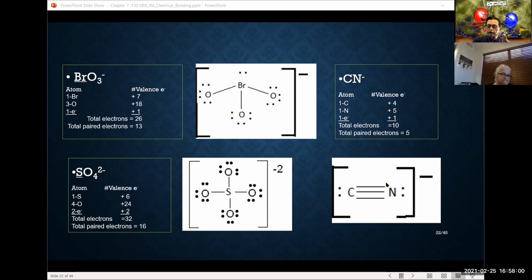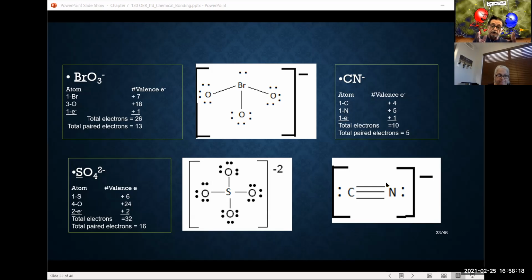Now, nitrogen is in group 5. When it picks up 3 electrons, it becomes nitride with a -3 charge. So you know it needs 3 electrons for the octet.